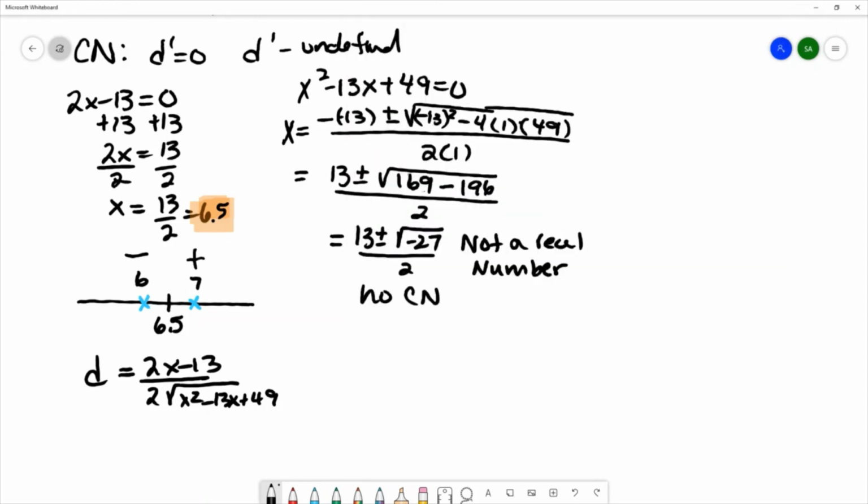So when you have decreasing on one side and increasing on the other side, that creates a minimum at the value of 6.5. So at x equals 6.5, we get a minimum. So this will be the ordered pair that's closest to our point (7, 0).